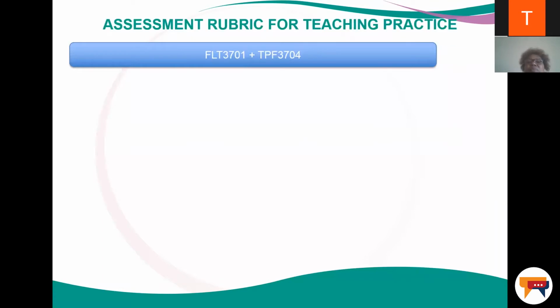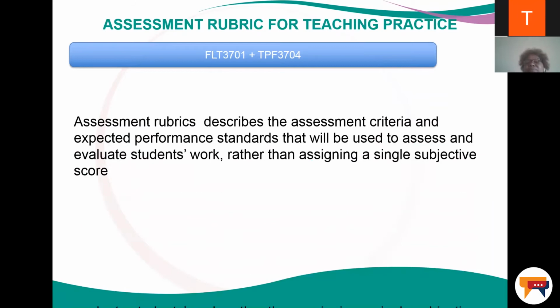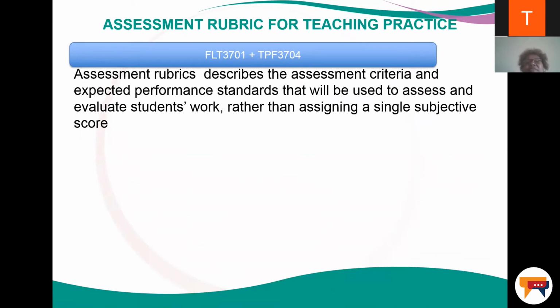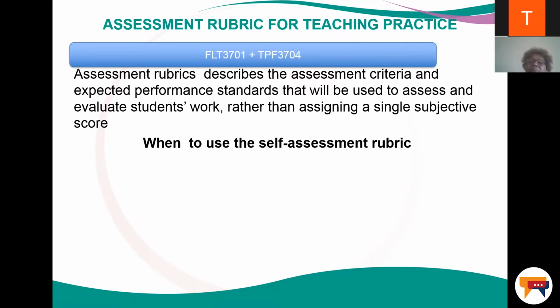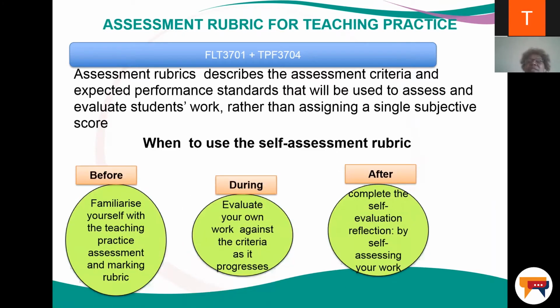This module is linked to your teaching practice module, namely TPF3704. You will see that I've written FLT3701, which is your module, and TPF3704, your teaching practice module. Some of the activities in the TPF3704, which is a language teaching practice module, you'll find some examples. It links to this module.